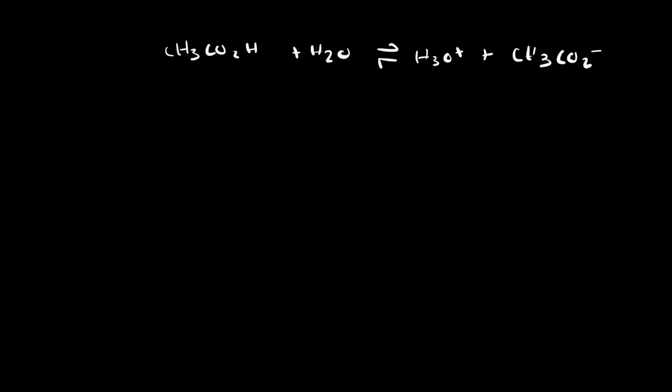Now, how would we go about calculating the Ka value for this problem? Well, first we need some values. So let's assume that we have a 0.0787 molar solution here, and we have 0.00118 of both of our products.